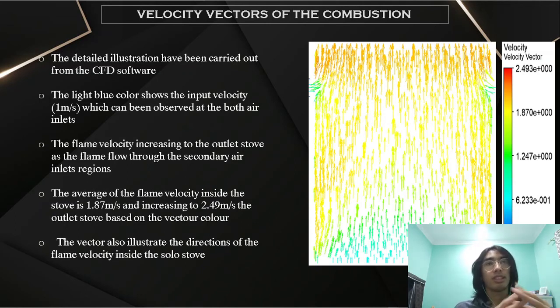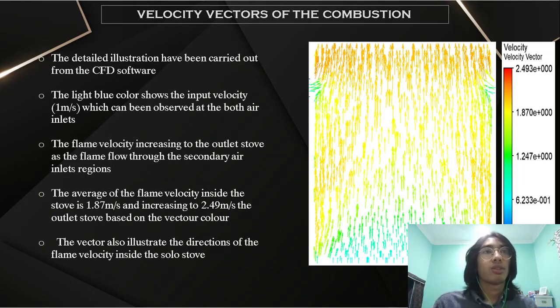As you can see from this picture, the outlet velocity is highest at the outlet of the stove only. So I can conclude that as we put many air inlets inside a stove design, the outlet flame velocity will increase to the maximum.